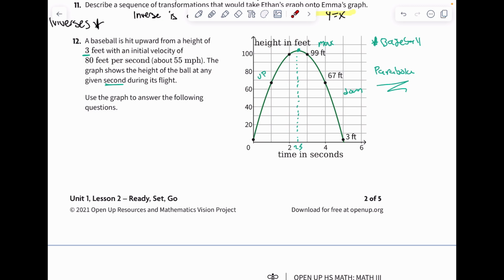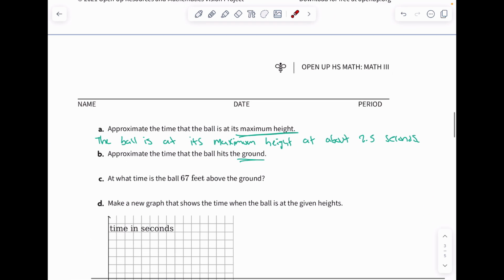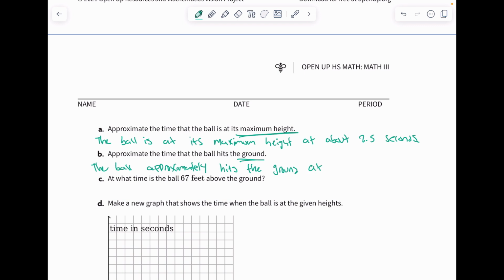Yeah, it's asking for an approximation. So approximate the time the ball hits the ground. So the ball approximately hits the ground at 5 seconds.